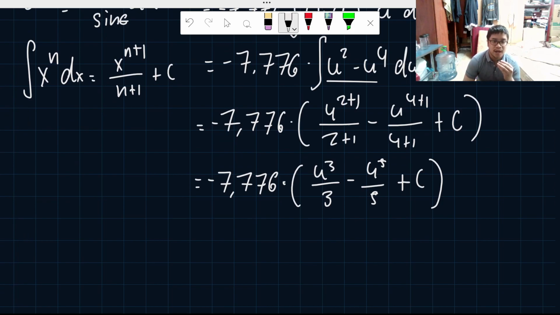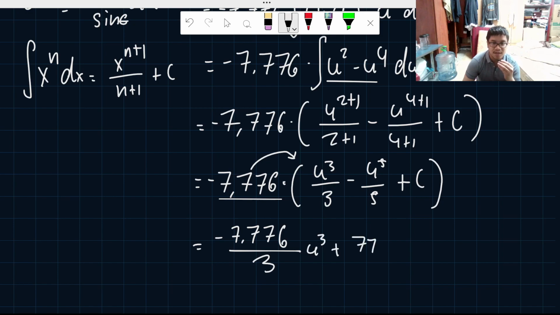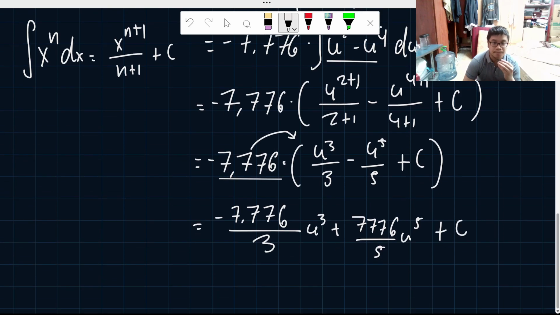First and foremost, we can distribute this one to the parentheses here. So we will have negative 7,776 all over 3 times u cube minus, this would be positive 7,776 all over 5 u raised to 5 plus c.